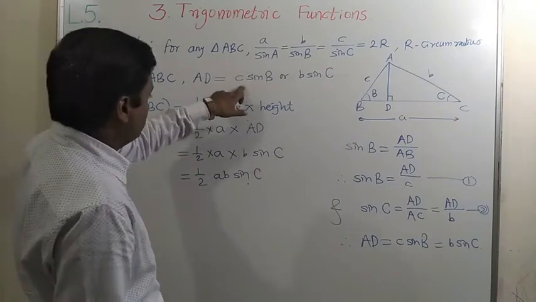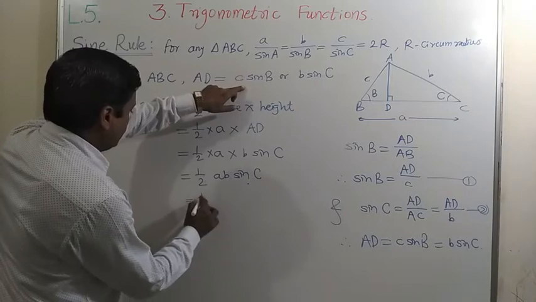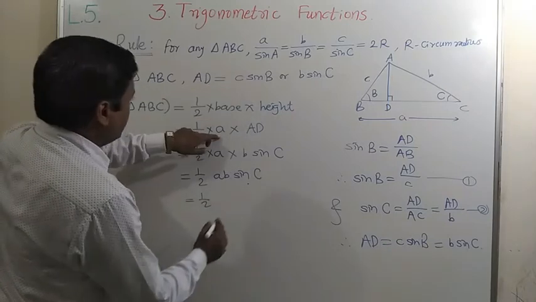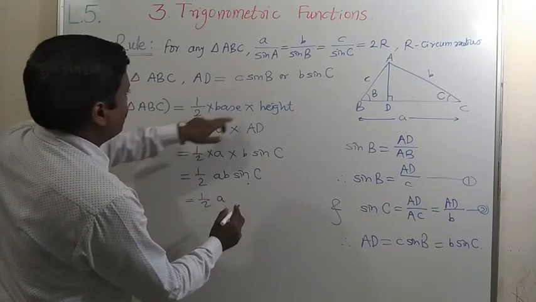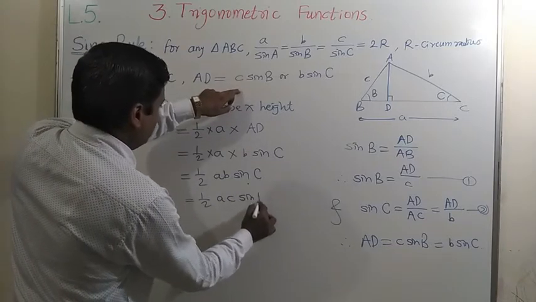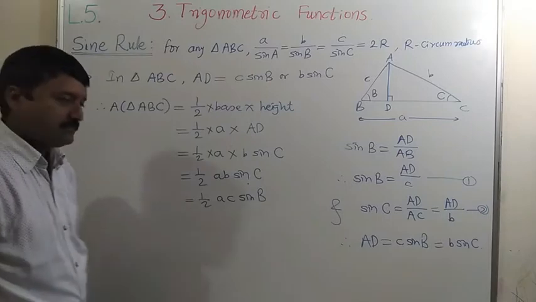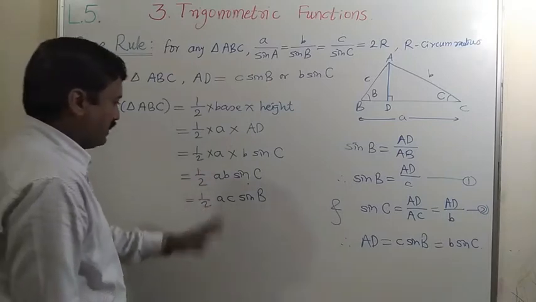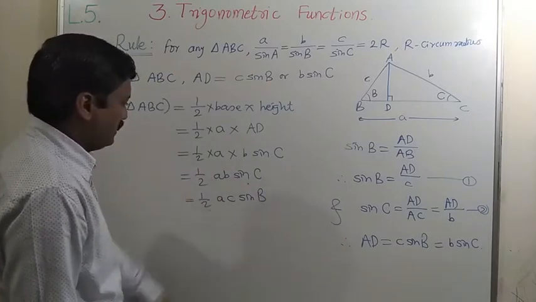If we use this c sin B, then we get 1/2 a, which is already there, into c sin B, so we get 1/2 ac sin B. So this will be another area of triangle ABC.